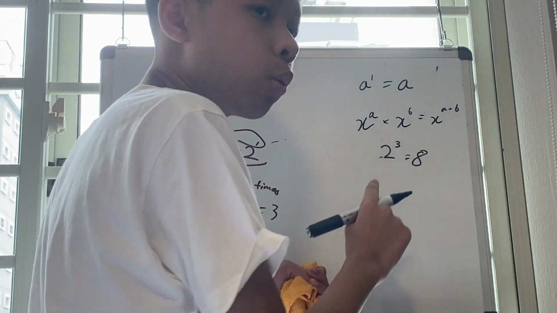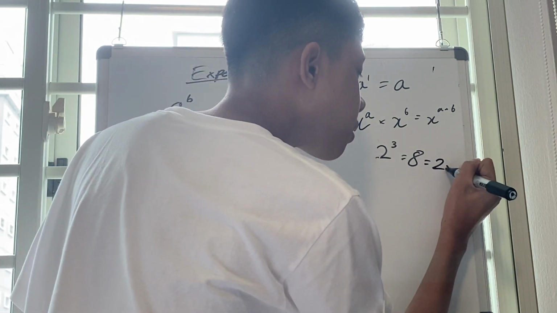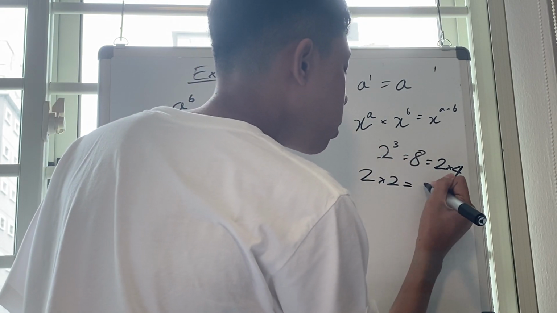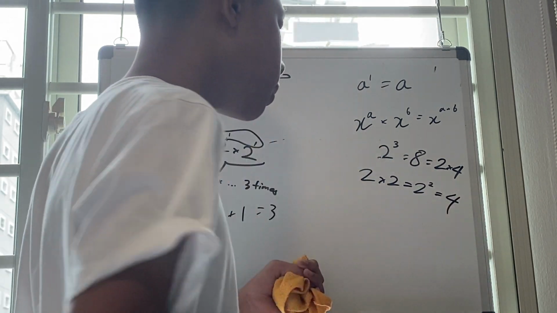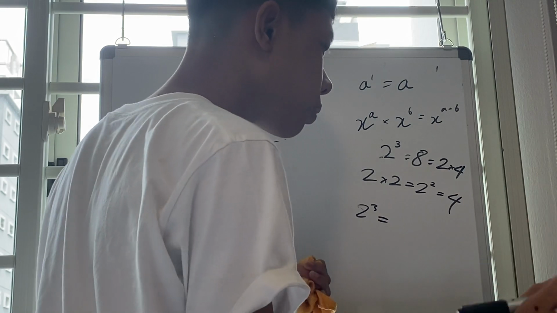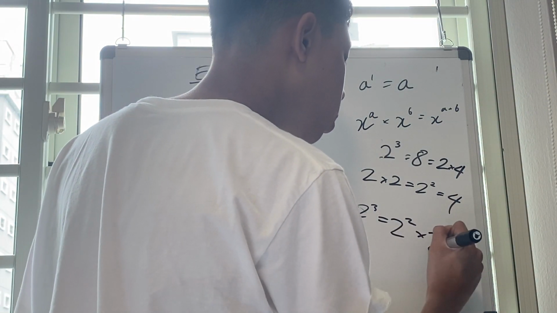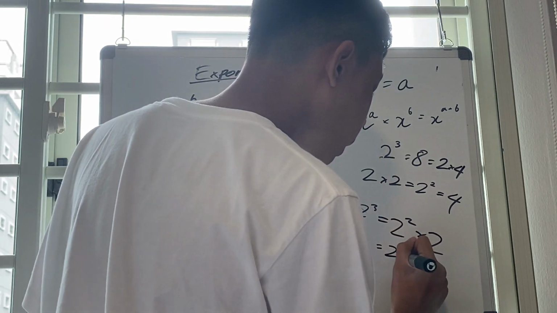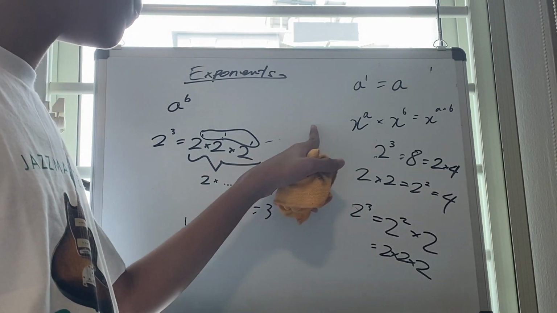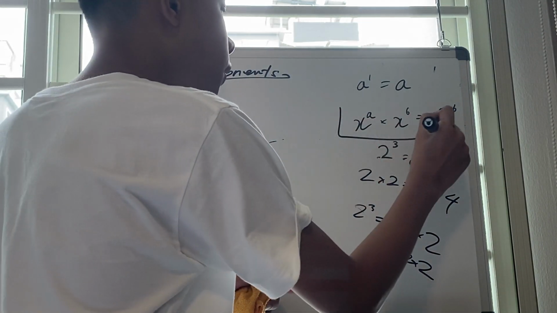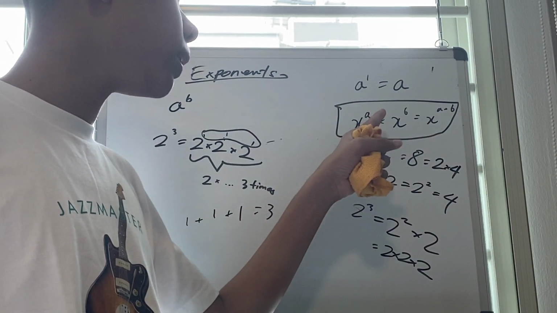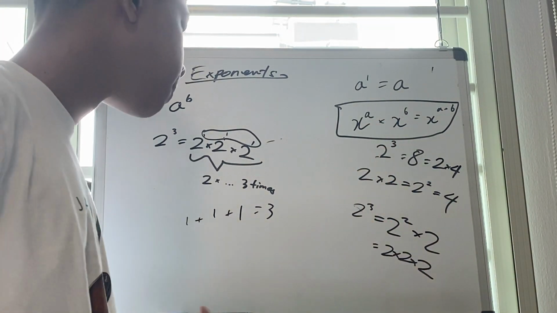And remember that 8 is equal to 2 times 4, and 2 times 2 equals 2 squared, which equals 4. So 2 cubed equals 2 squared times 2, which equals 2 times 2 times 2. This is the law for multiplying: x power a times x power b equals x power a plus b.